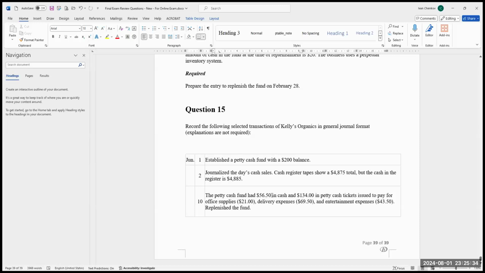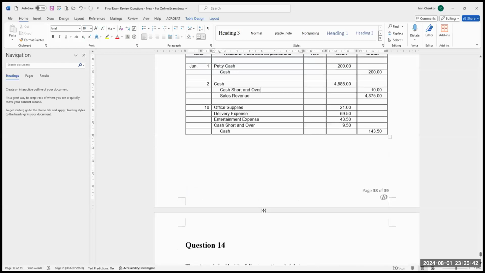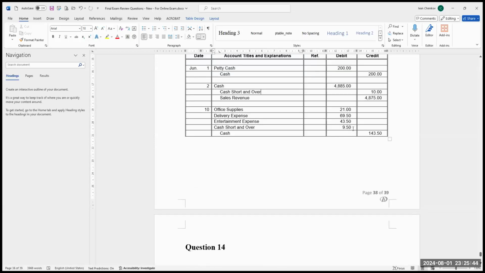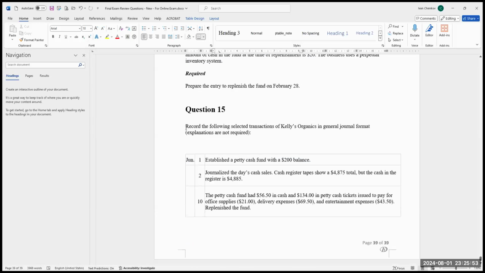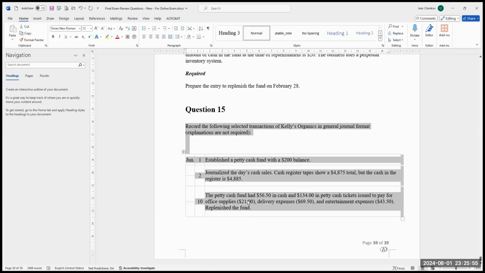But you found that you have only $56.50. So what does that mean? That means you're short $9.50. So you have to bring it back. Let me show you this, because now it's getting a little bit complicated. Let's go to the Excel spreadsheet and show you there how exactly this works.